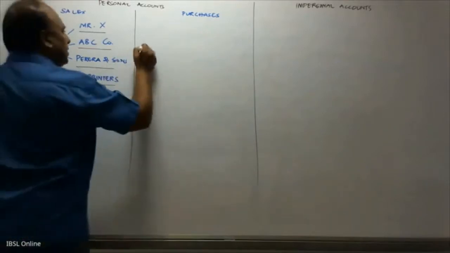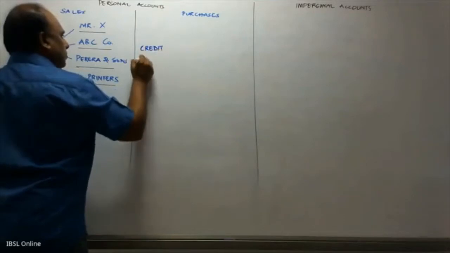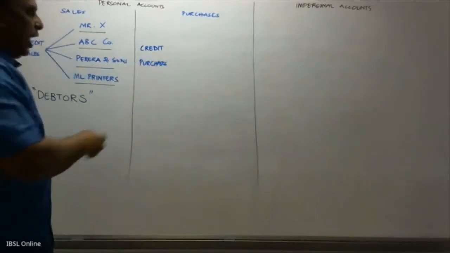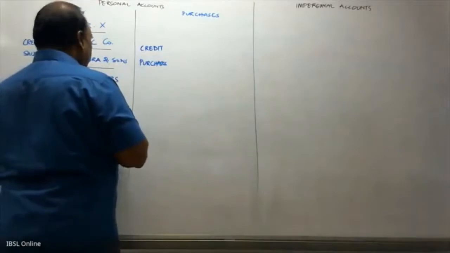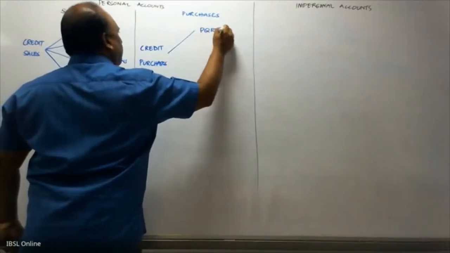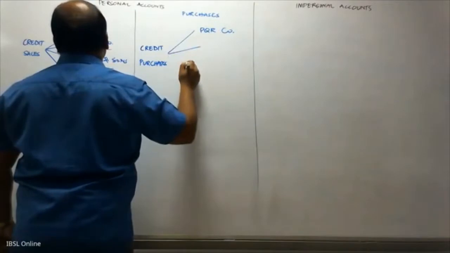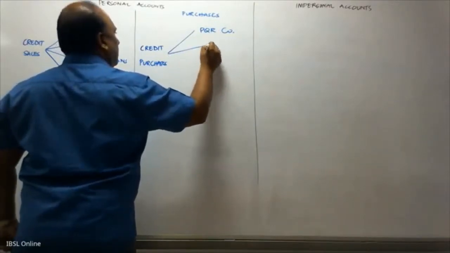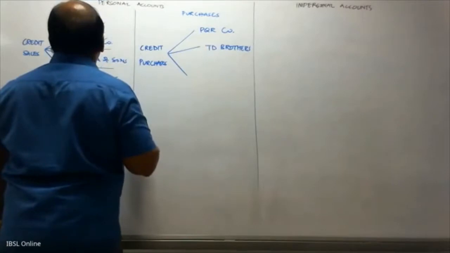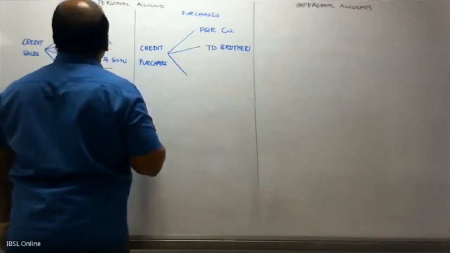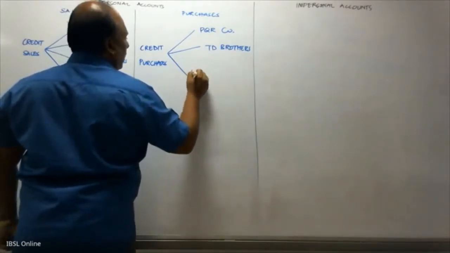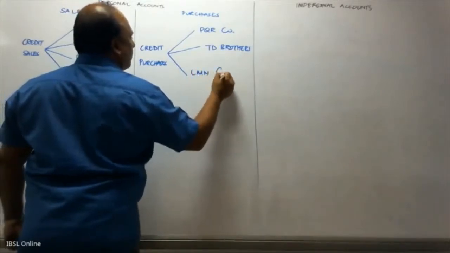Then I will do some credit purchases, where I will go and buy things from various people. PQR company, TD Brothers, I'm just taking some names, LMN company.